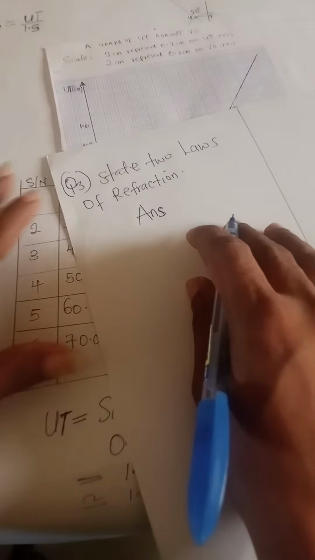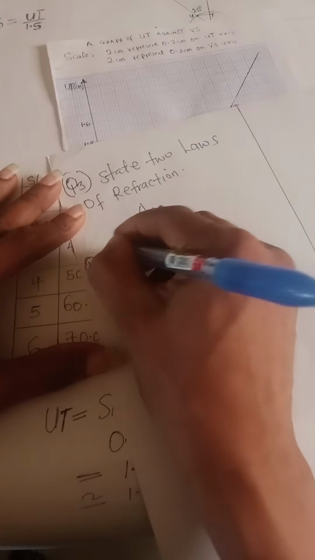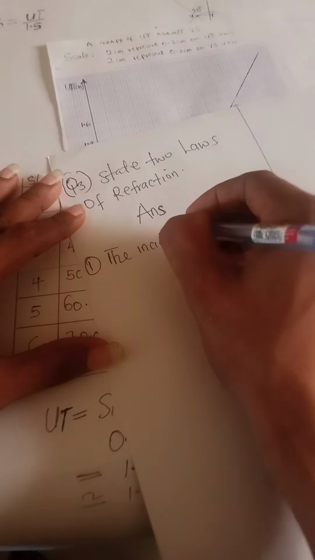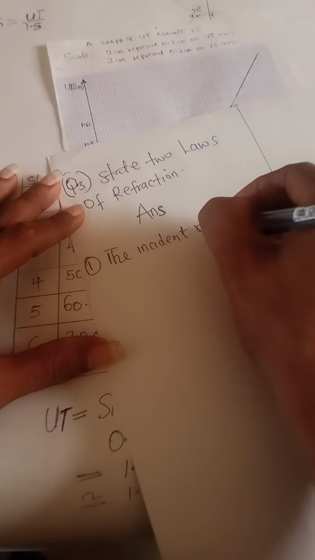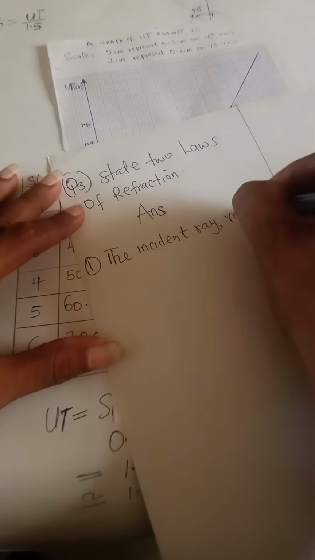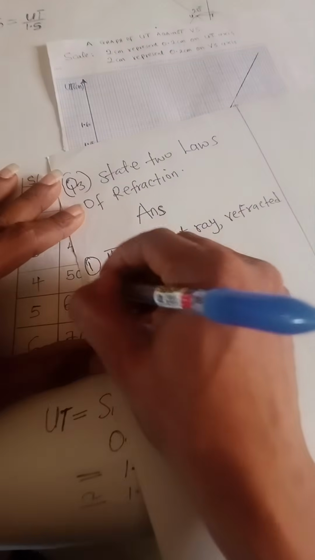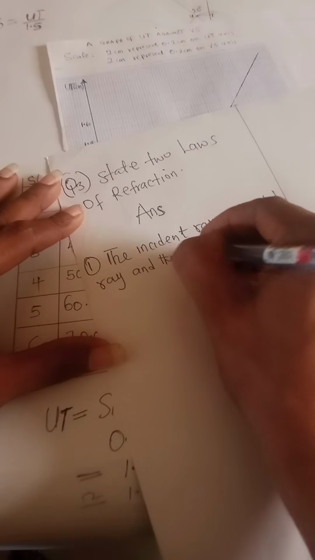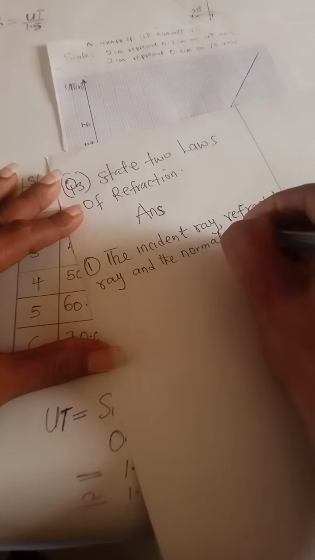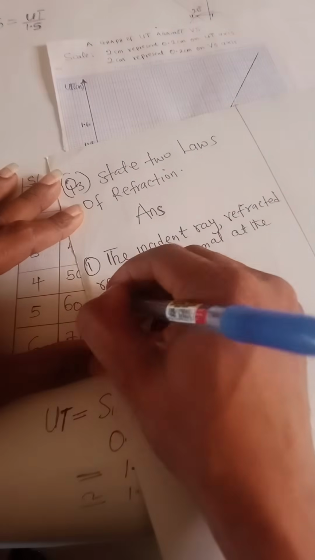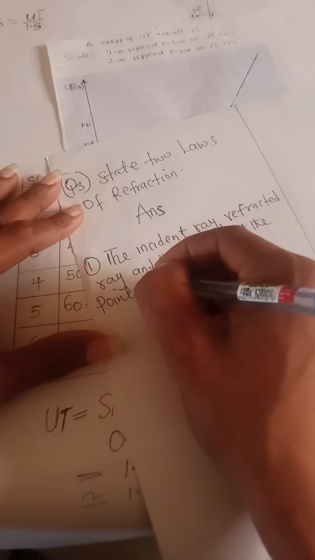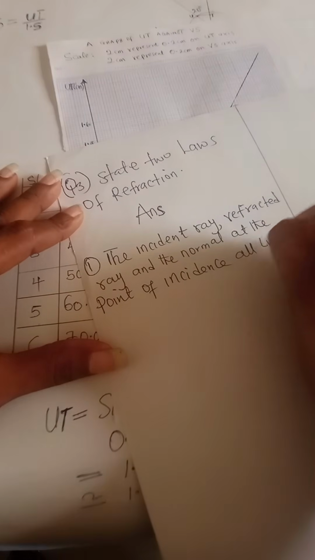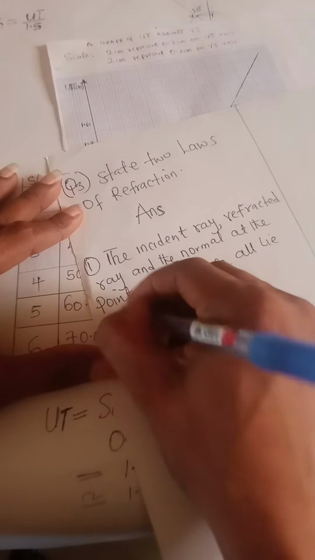The first one is that the incident ray, the refracted ray, not reflected, be careful here, and the normal at the point of incidence all lie in the same plane.